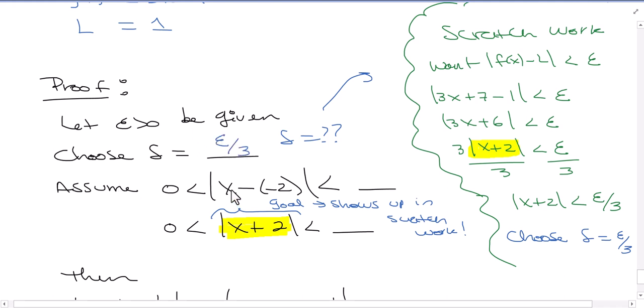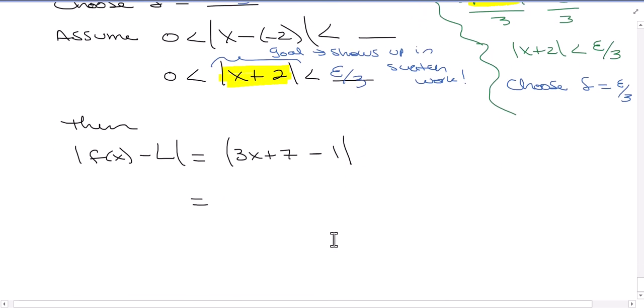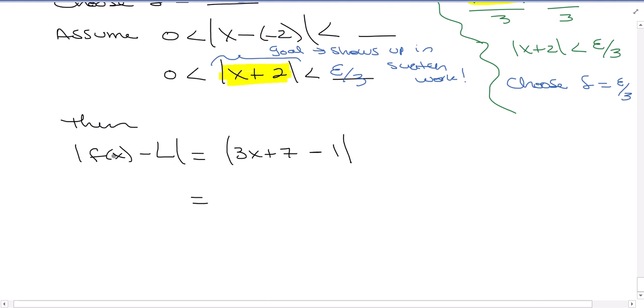And so now we go back to our proof and say choose delta to be epsilon over 3. Then we're going to assume that the distance between x and negative 2 is less than epsilon over 3. Then what happens to our f of x minus L? What happens to the distance between the y values and what we're saying is the limit? Then this becomes 3x plus 6, and we can factor out the 3, and the absolute value of 3 is just 3.